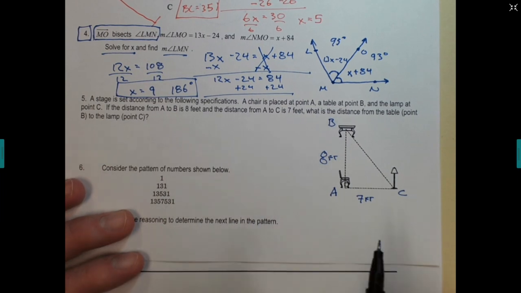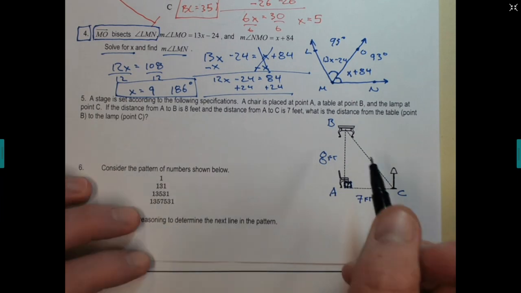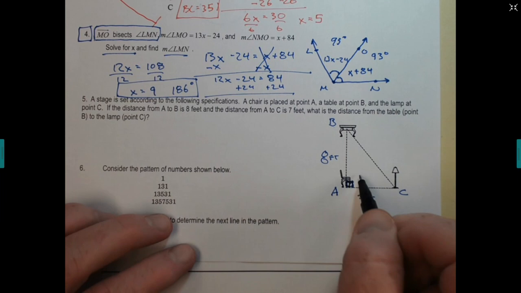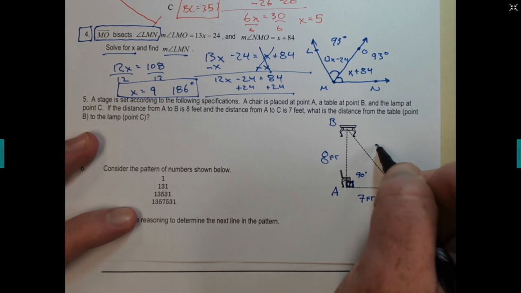Now, this is not the best problem, but I don't know if you guys can see, there's a small square here. Does anybody know what that little square means? 90 degrees. Yeah. Which means if I have a right triangle and I know 2 of the sides, is there a way, Deshaun, to track down the third one?